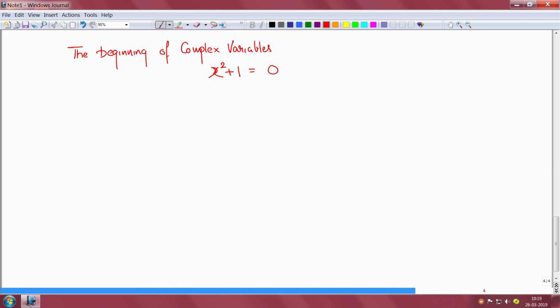Normally one would go only to this extent, x square minus 1 is equal to 0, but there was someone who perhaps thought of x square plus 1 equal to 0. So that you have x square is equal to minus 1, which is quite strange, and then x, the solution 1 comma 2 happens to be plus or minus the square root of minus 1, which we now understand as plus minus i.